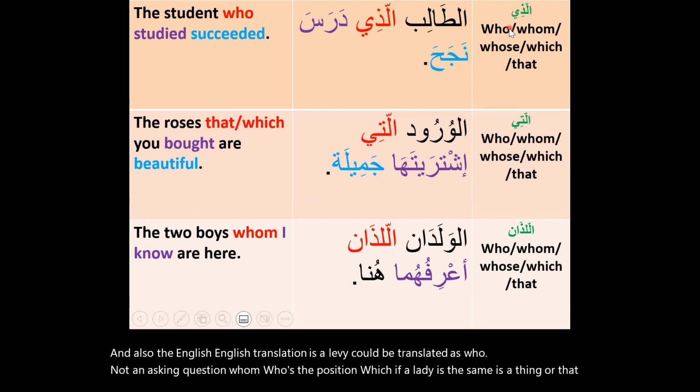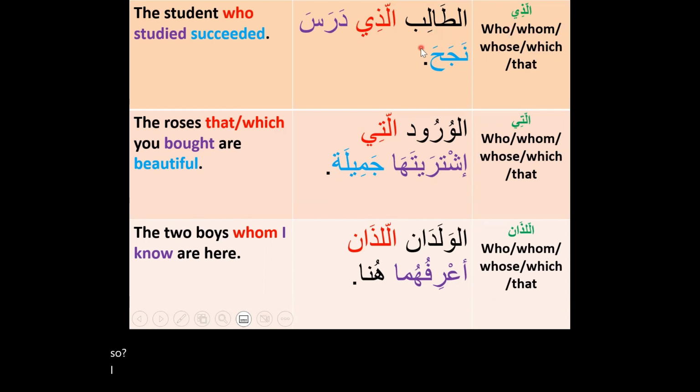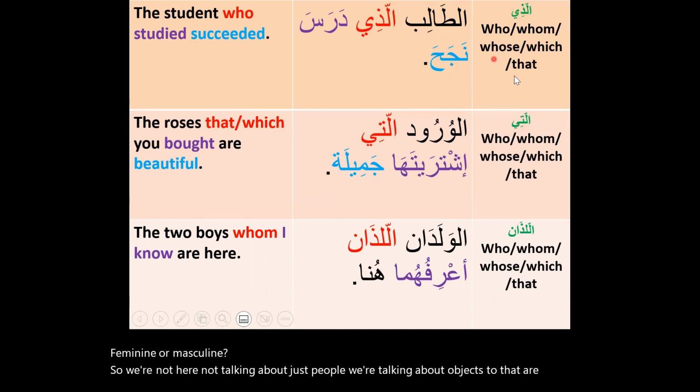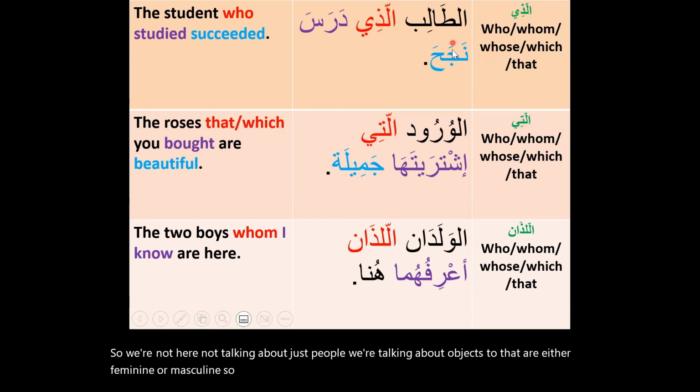So I noted earlier that in Arabic nouns are either feminine or masculine. So we're not talking about just people, we're talking about objects too that are either feminine or masculine. So let's take an example here. الطالب الذي درس نجح.